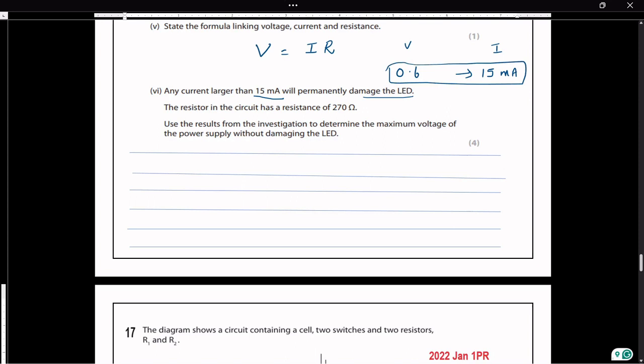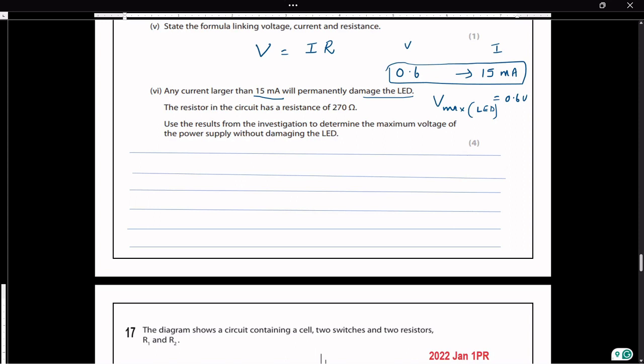For a voltage of 0.6, the current is 15 milliampere. That means the maximum voltage that can be applied to the LED is 0.6. So let me write it as Vmax of LED. This is 0.6 volts.